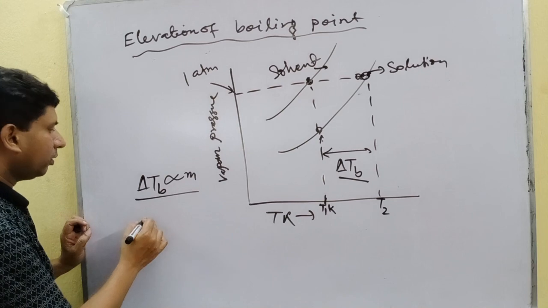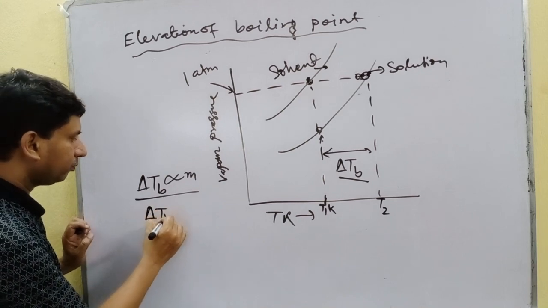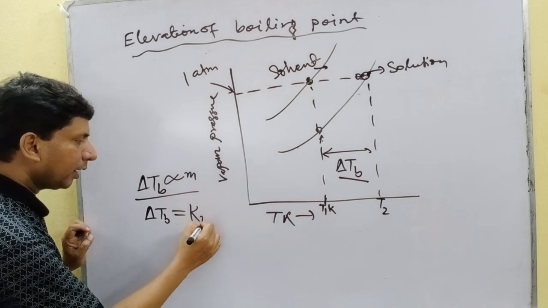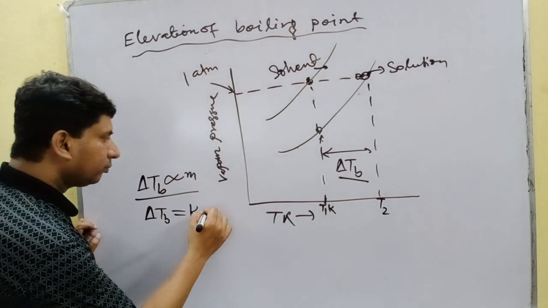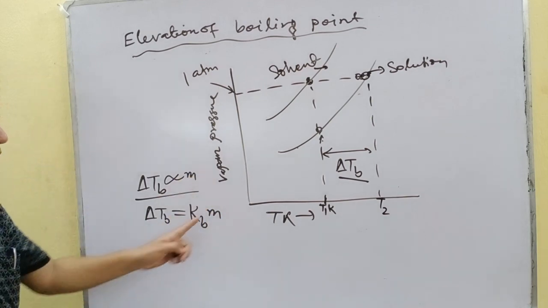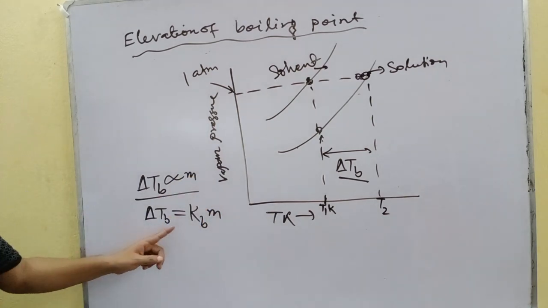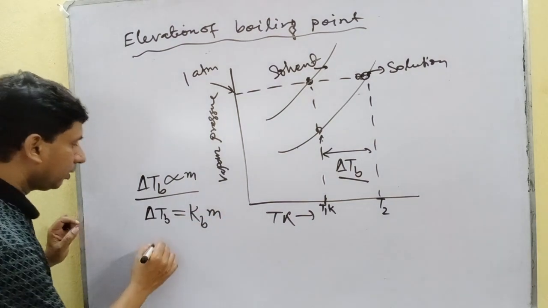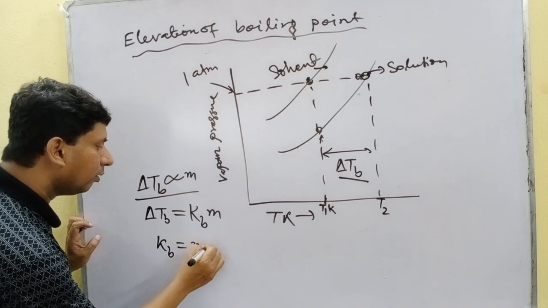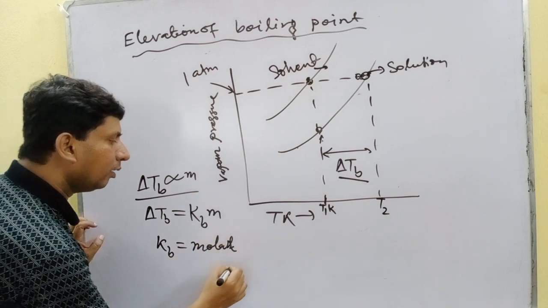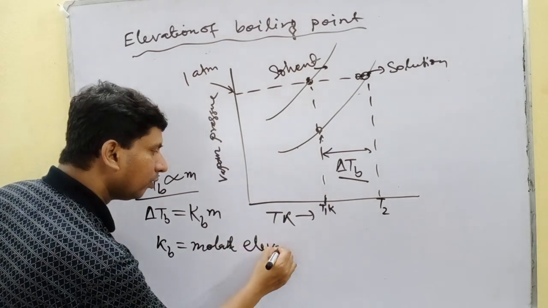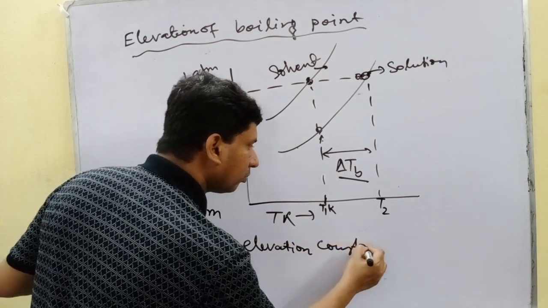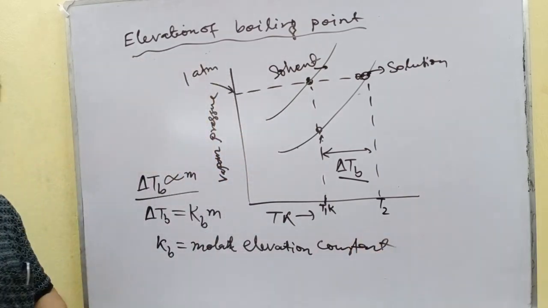So delta TB equals a constant, known as Kb, into small m. Small m is the molality and Kb is the molal elevation constant.